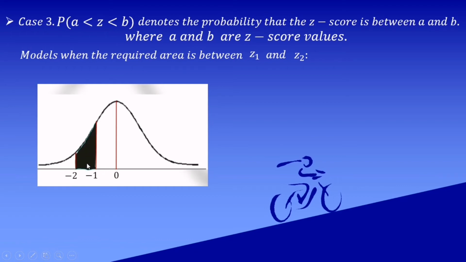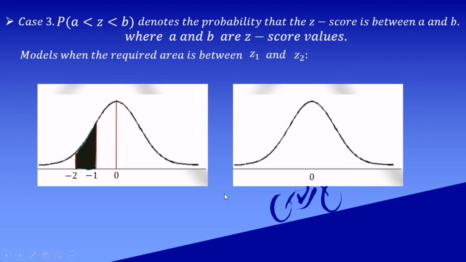Yan ating shaded region. Yan ang sample model for this case. Then another example for this model, between specified values of z 1 and 2. So we're going to locate the shaded region using this probability notation, a less than z less than b.